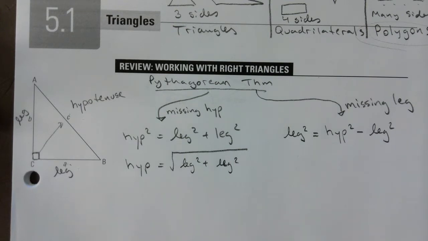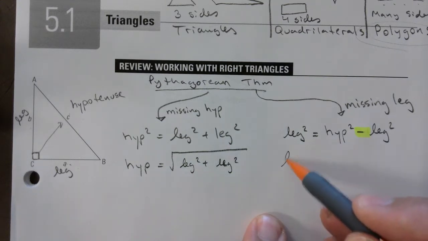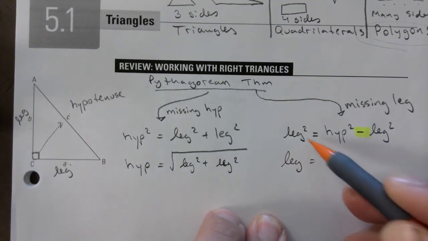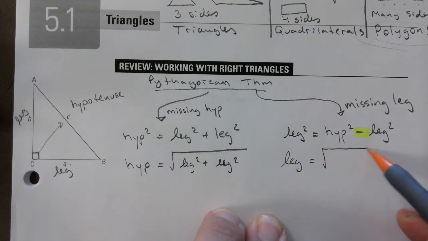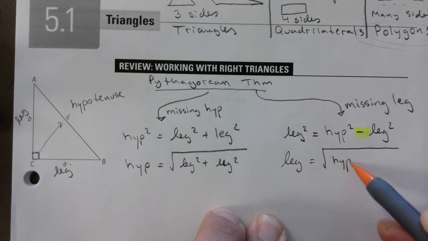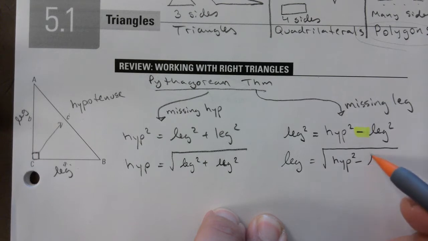There's a subtraction there. And so it follows that to find the leg, to get rid of the square, you just take the square root of hypotenuse squared minus leg squared.